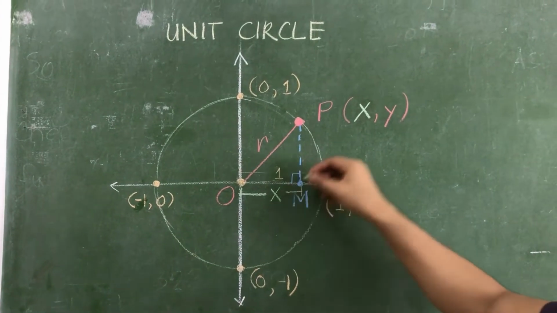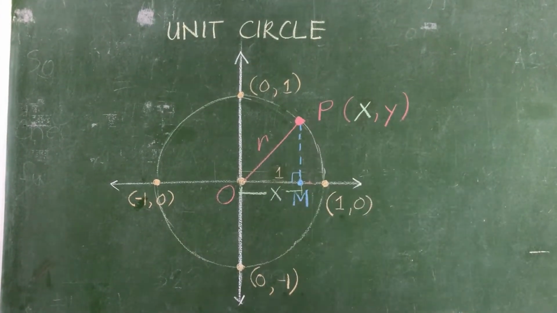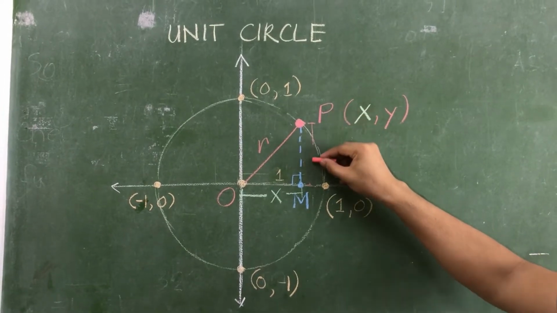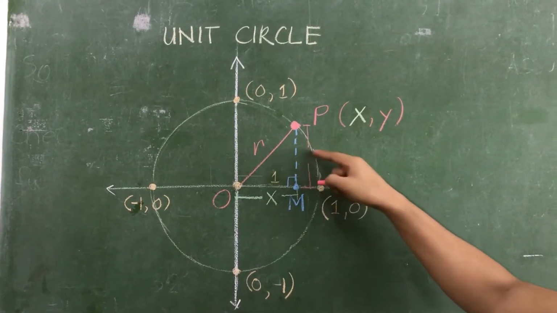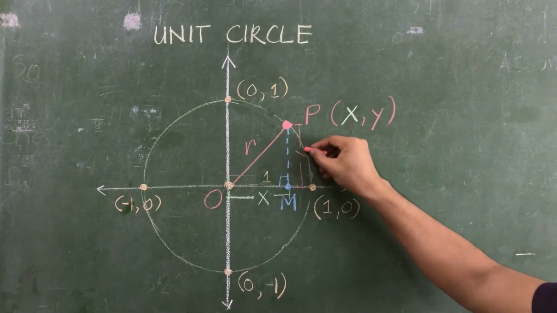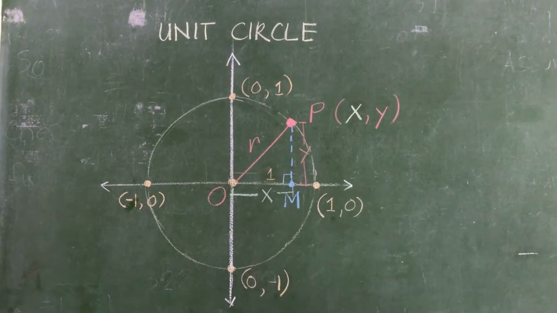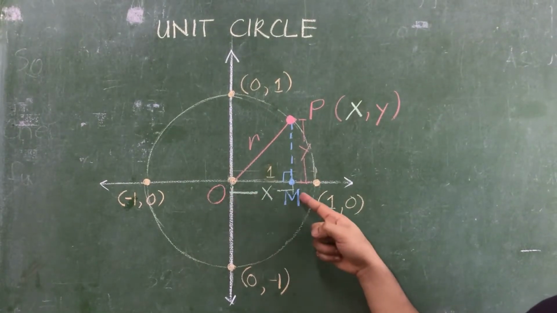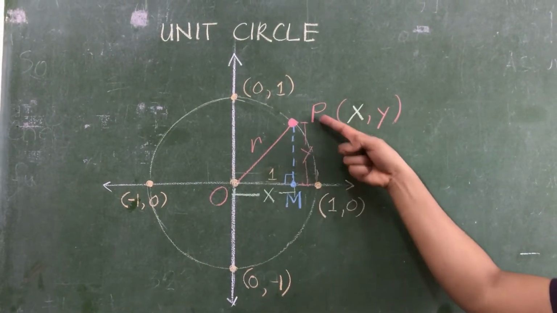Now this y-coordinate of point P here represents the distance of point P to M, that is y. So meaning to say, x here is the distance of OM and y here is the distance of P to M.